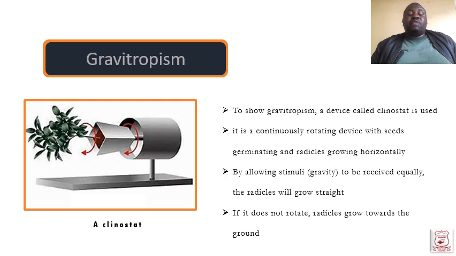But if the clinostat is not rotating, only the bottom part of the plant is going to be exposed to gravity more than the above part, and so we are going to see the negative tropism with the shoots growing towards the sky.